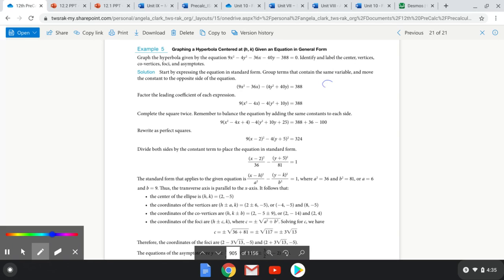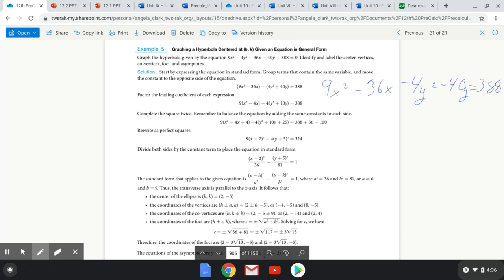We want to rearrange the equation so that we have our x's together, our y's together, and the numbers on the other side of the equation. So that's the first thing.